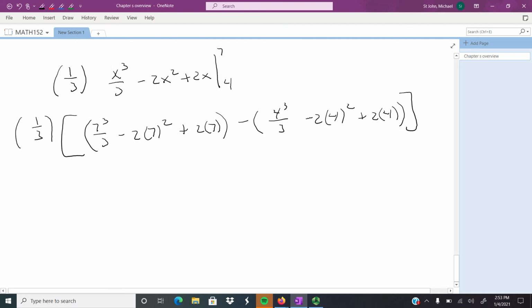Now it's a matter of number crunching all this. 7 cubed is 343 over 3 minus 98 plus 14, minus 64 over 3 minus 32 plus 8.